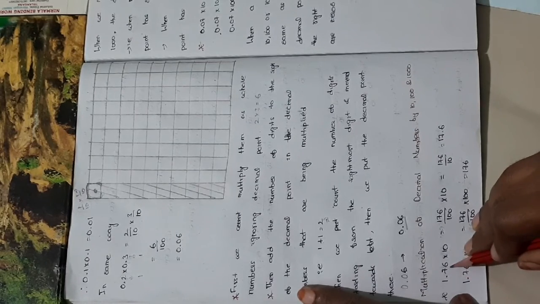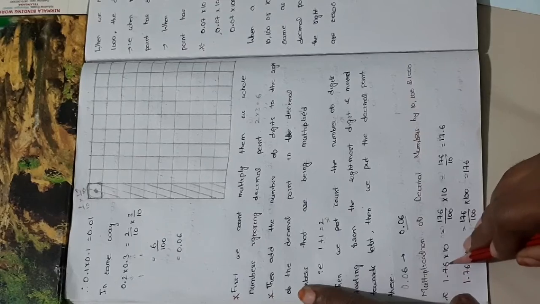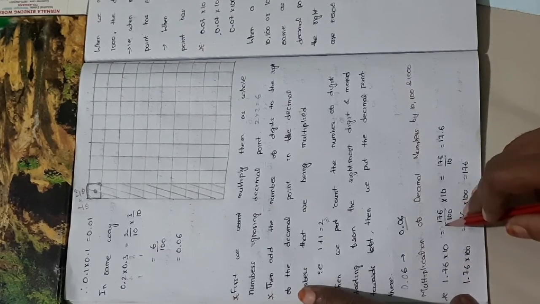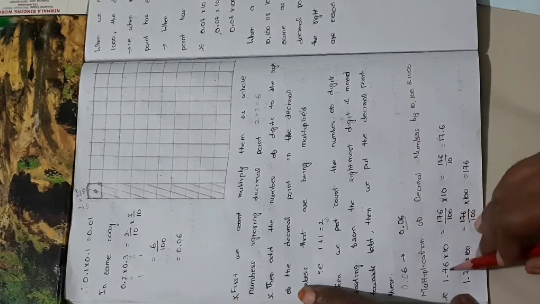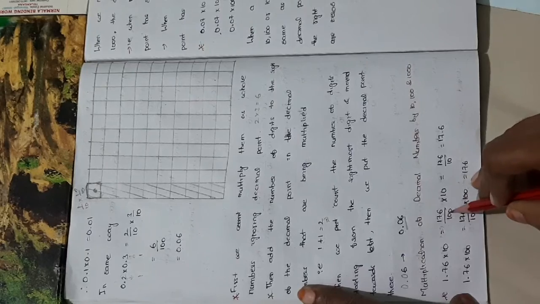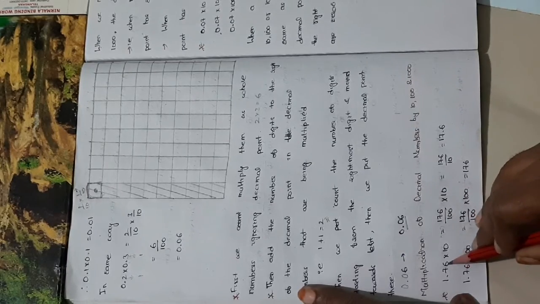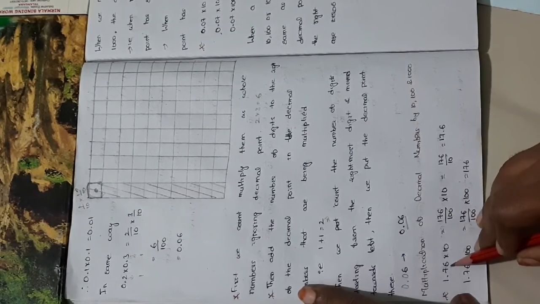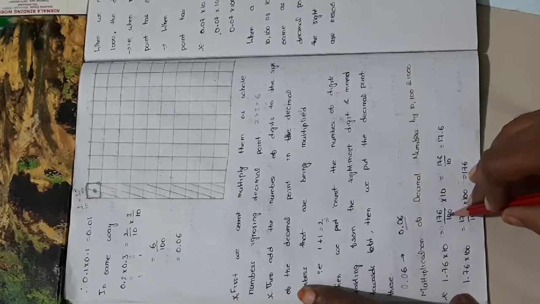Here I have written 1.76 in the form of a fraction. We have 2 digits after the decimal point, so I write it as 176 divided by 100, with 2 zeros in the denominator.